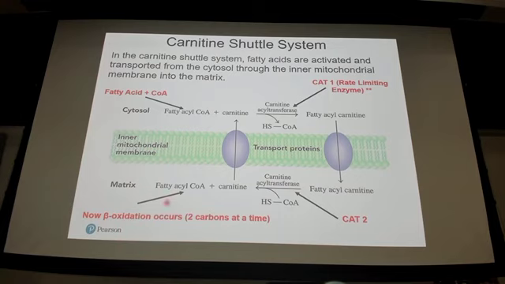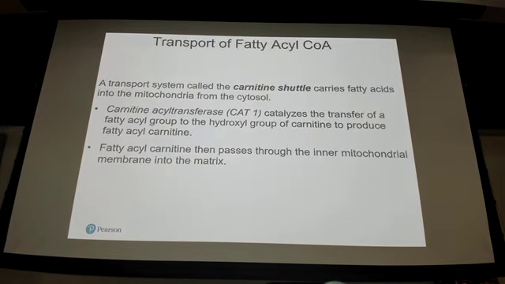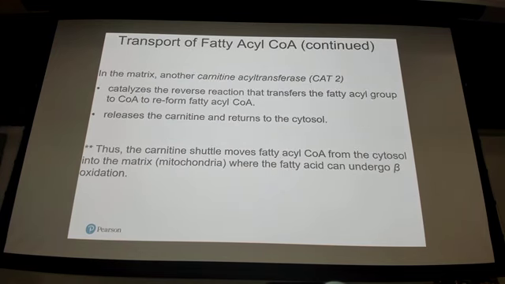And once the fatty acyl-CoA is in the mitochondria, that will begin beta oxidation, where 2 carbons will be removed at a time. And here are the steps to this pathway that I just mentioned.